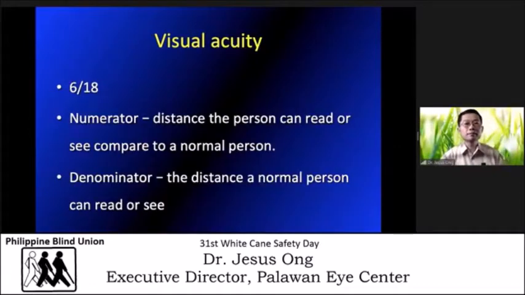So example lang, pag ang nakalabel sa paningin ay 6/18, no? Ulitin ko, 6/18. Ang numerator o yung number na nasa taas, no? Numerator, no? Is the distance a person can read or can see compared to a normal person. Then the denominator, yung number na nasa baba, is the distance a normal person can see or read.